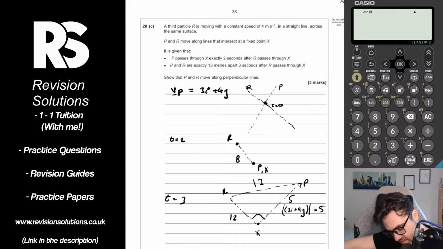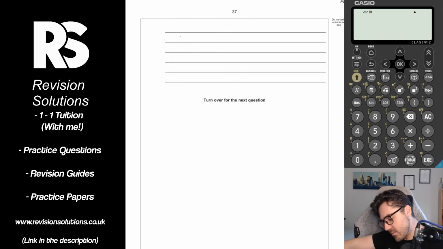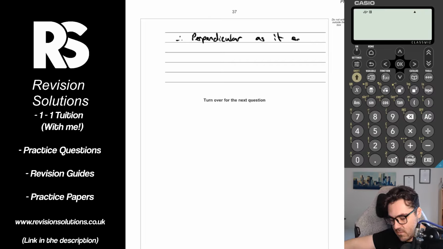So let's check that. 12 squared plus 5 squared is 144 plus 25, which is 169, which is 13 squared. So therefore perpendicular, as it satisfies Pythagoras' theorem, as it is a Pythagorean triple.